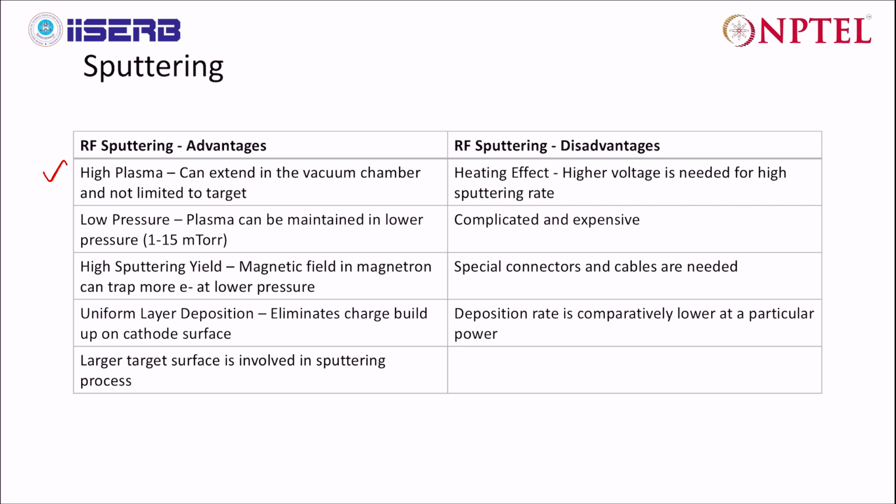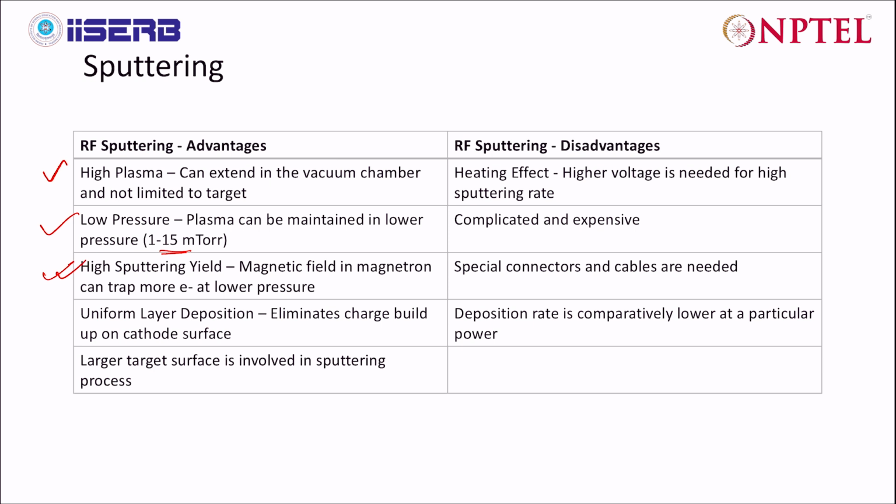The process is comparatively low pressure, so the plasma can be maintained at low pressure. The typical pressure range is given over here. High sputtering yield: the magnetic field in a magnetron can trap more electrons at lower pressure. That's why the sputtering yield is comparatively higher.